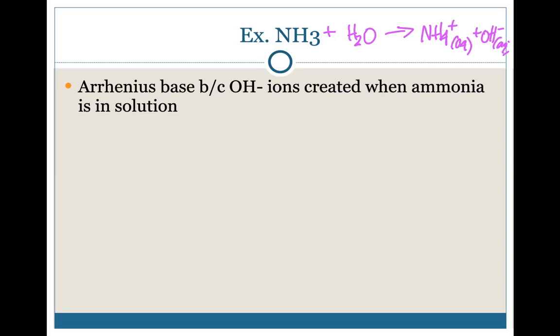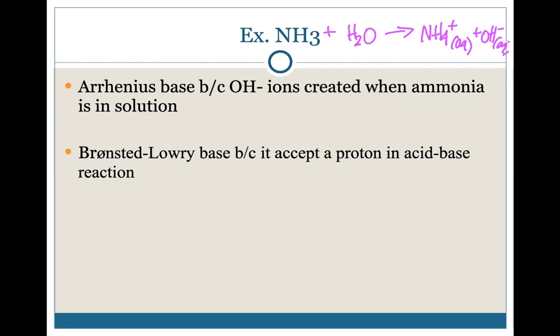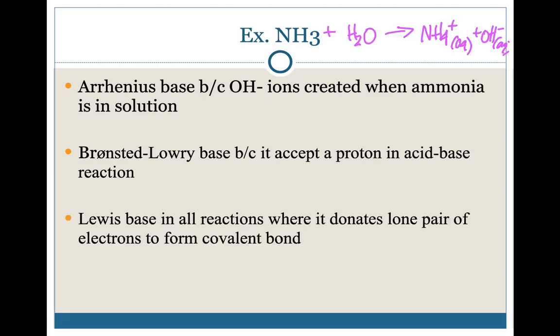So this would be a great example. When ammonia is dissolved in water, it is Arrhenius because everything on the right-hand side is aqueous and you have the hydroxide ion there. It is also Bronsted-Lowry because it accepts a proton from water. And it is Lewis because you have taken one hydrogen ion, which has no electrons to share, and it has formed a covalent bond with ammonia.